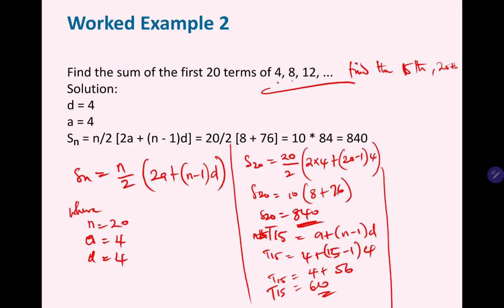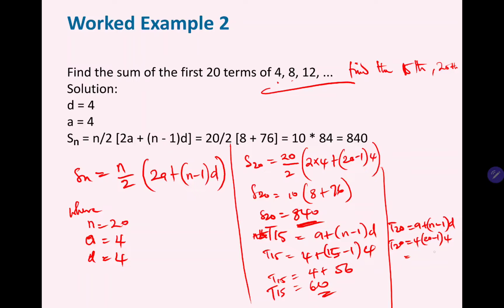Then we're also told to find the 20th term. The 20th term will now be T20 equals a plus n minus 1 multiplied by the common difference. So T20 here will be the same thing as 4 plus 20 minus 1 multiplied by 4.